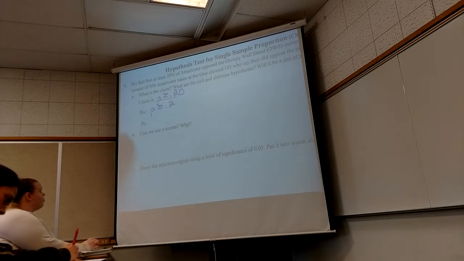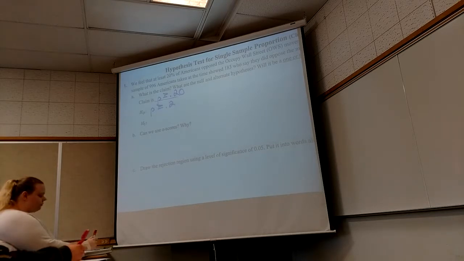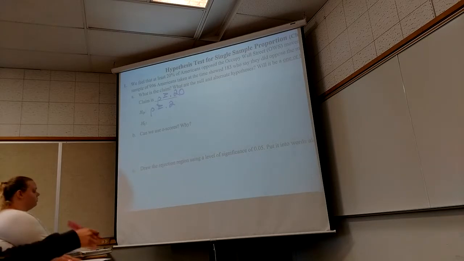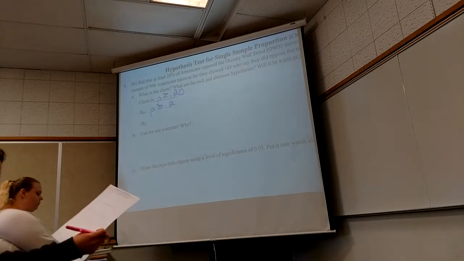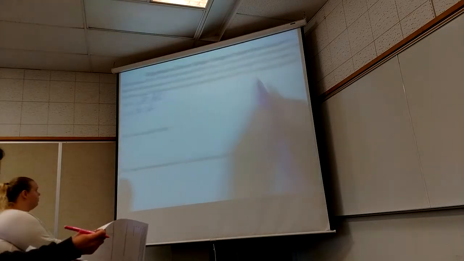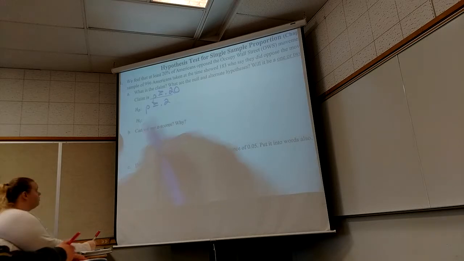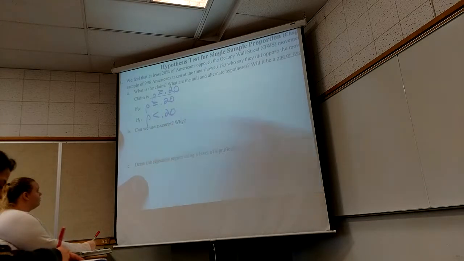Later this week, we'll learn how to do tests about sigma. You can do tests about means, mu's, tests about percentages, p's, and tests about sigma. Here this is definitely a percentage, so H1 is p less than 0.20.